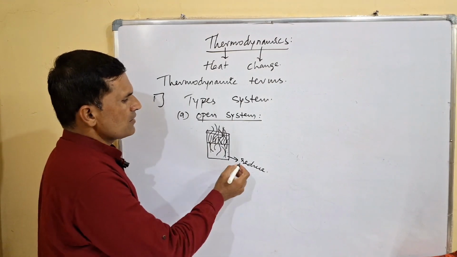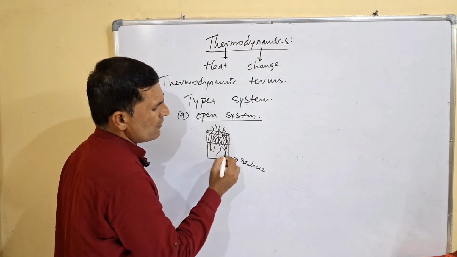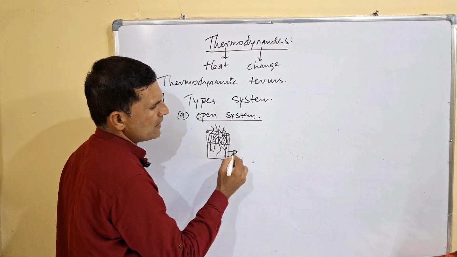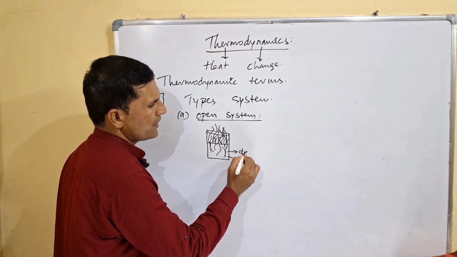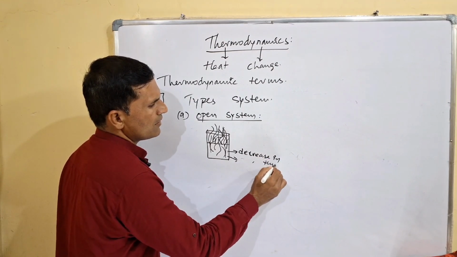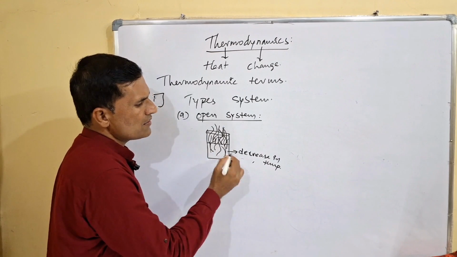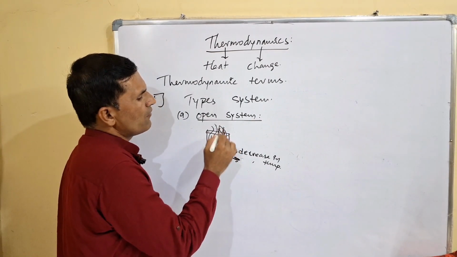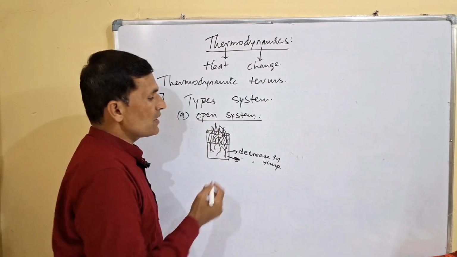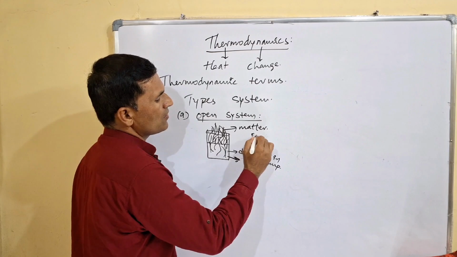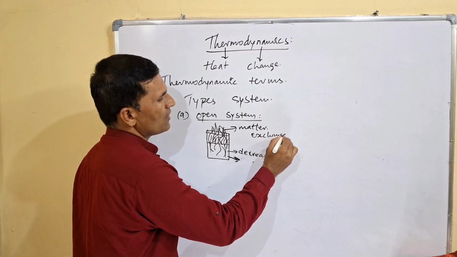Here heat is given out because the temperature decreases with time. Meaning, heat is lost to the surrounding, and water vapors are also escaping from the beaker, meaning matter is also exchanged with the surrounding.